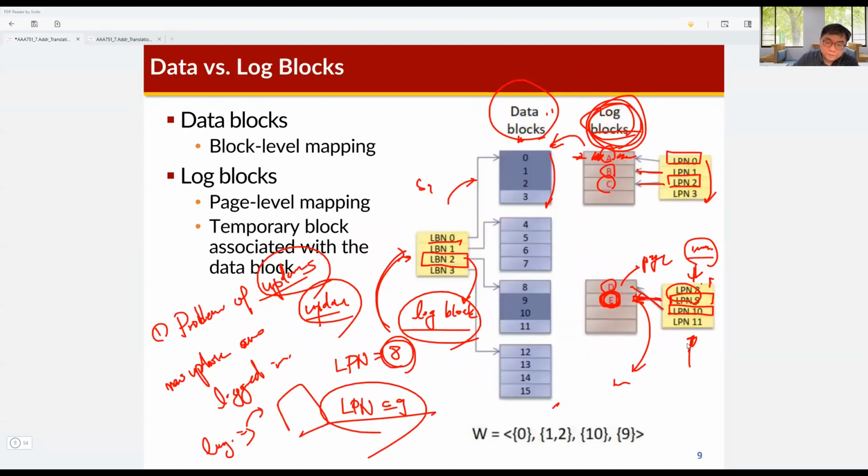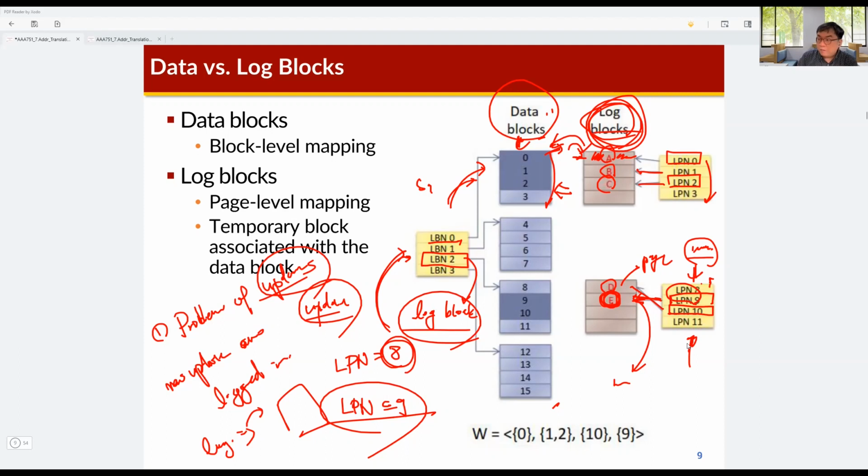I explained that in this log-based scheme, the log block is associated with the data block, and if a new write is given to the SSD, then this new page write is performed in the log block.